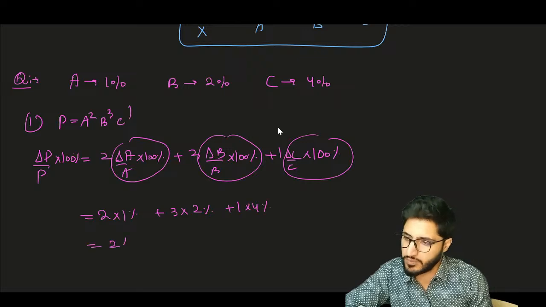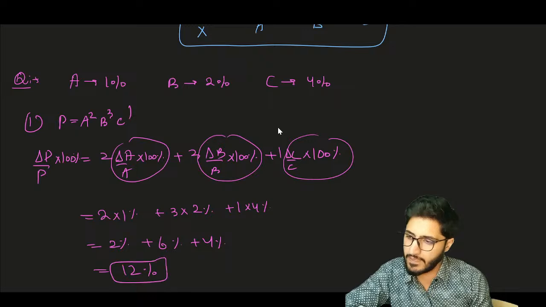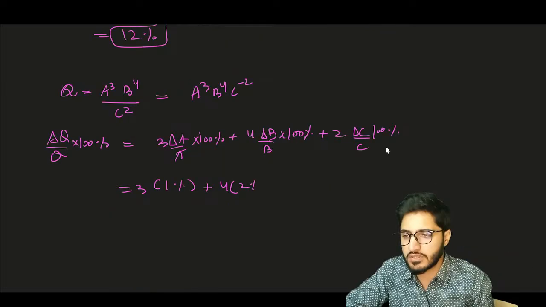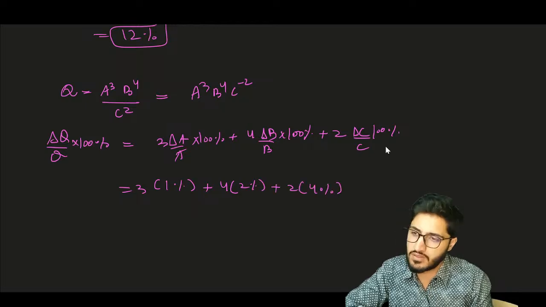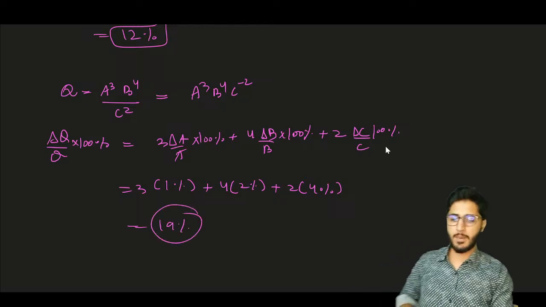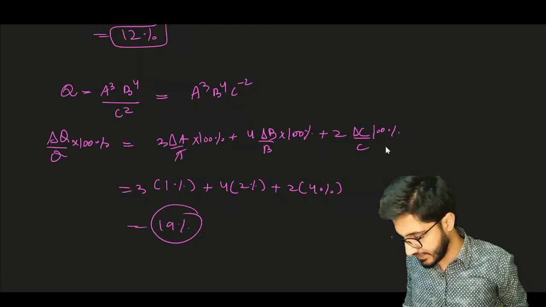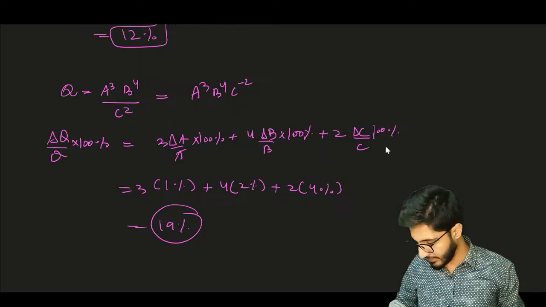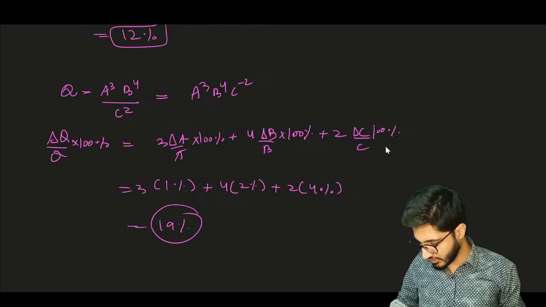So 2%, 6%, 4%. It is 12%. My error came out to be 12%.